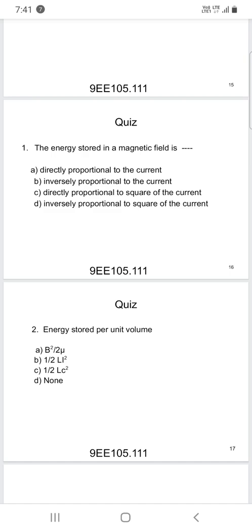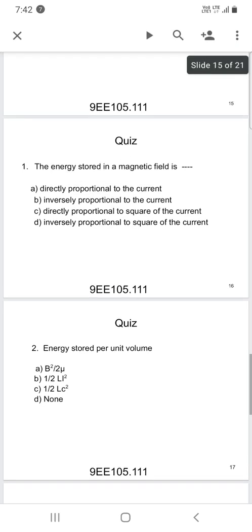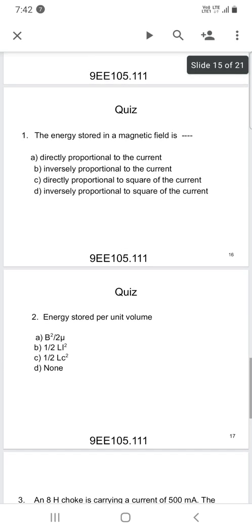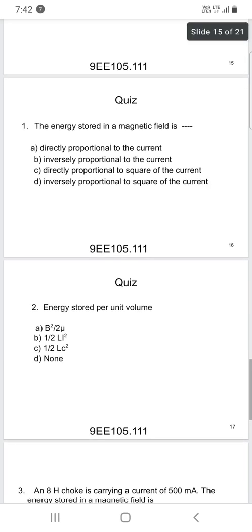The energy stored in a magnetic field is: option A, directly proportional to current; option B, inversely proportional to the current; option C, directly proportional to the square of current; option D, inversely proportional to the square of current. Here option C is the correct answer, directly proportional to the square of current.